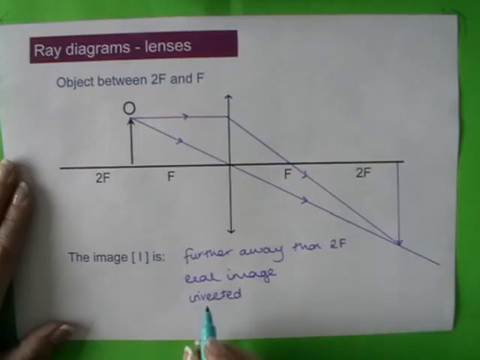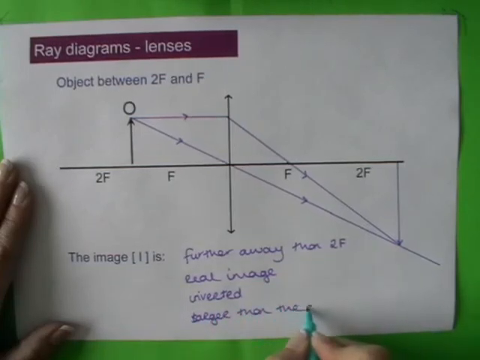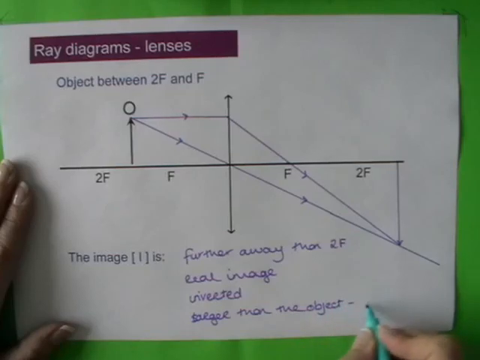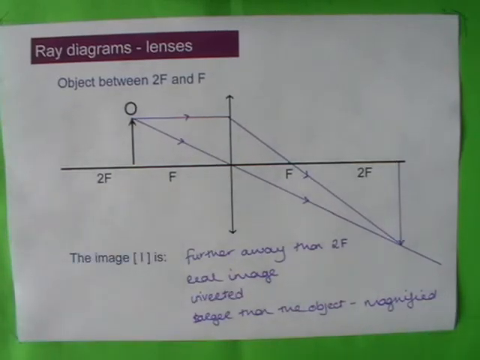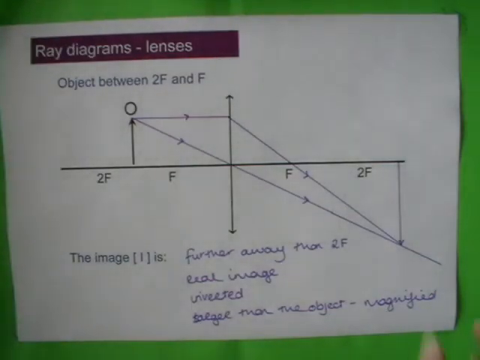And in this case, if we were to measure it, it's larger than the object. Or we could say that it's magnified. So we have a real, inverted, magnified image that is further away from the lens than 2f.